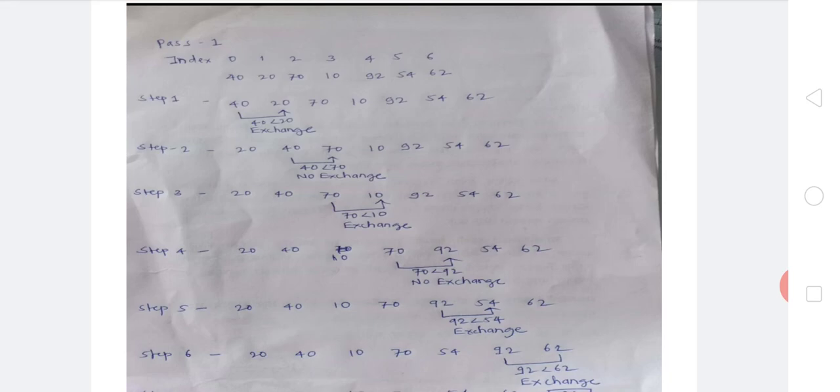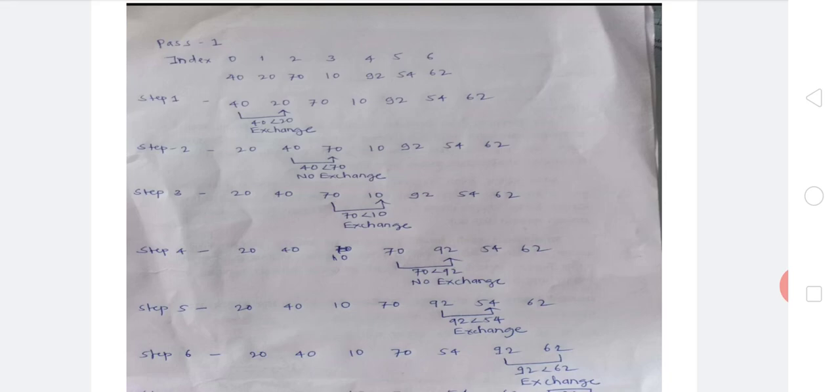In the next step, step number 5, 92 is compared with 54. See carefully, 92 is greater than 54, so an exchange is required. That means 54 is placed where 92 was and 92 is placed where 54 was. In the next step, step number 6, again 92 is compared with 62.